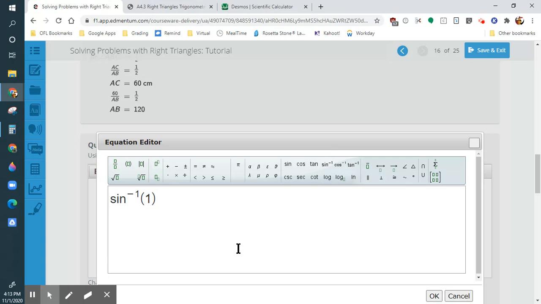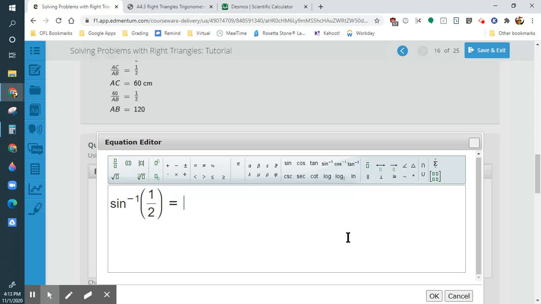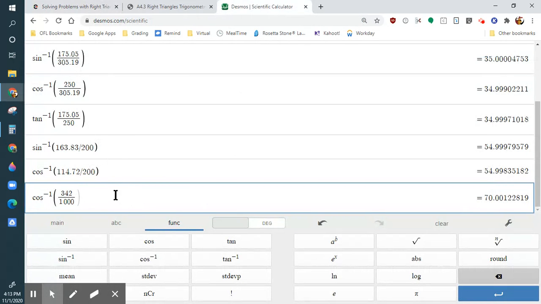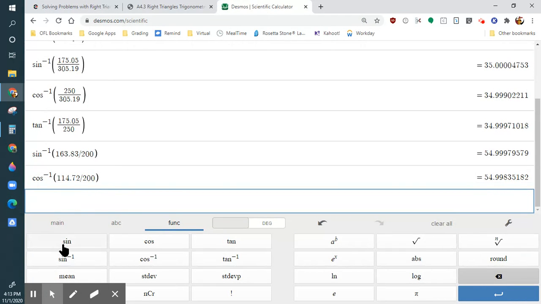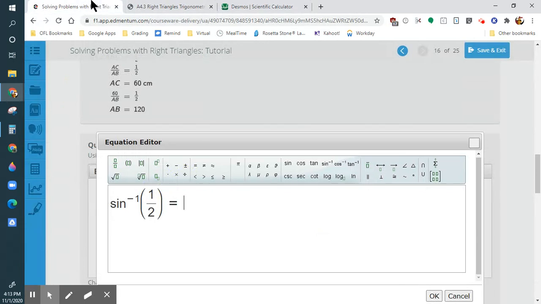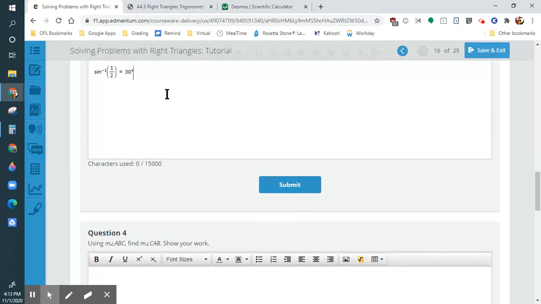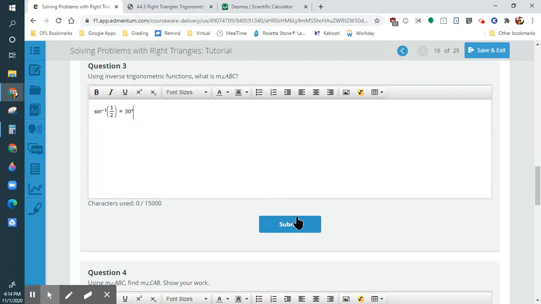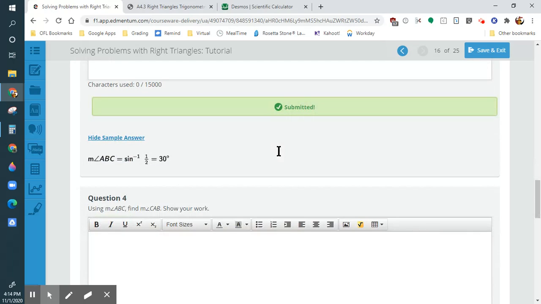Sine inverse of 1 over 2. Let's use our Desmos calculator for this. I'm just going to put 0.5 instead of doing a fraction. 30 degrees. So sine inverse is equal to 30 degrees. Boom. It's the same thing. So we found that.